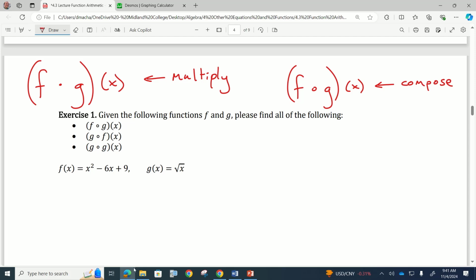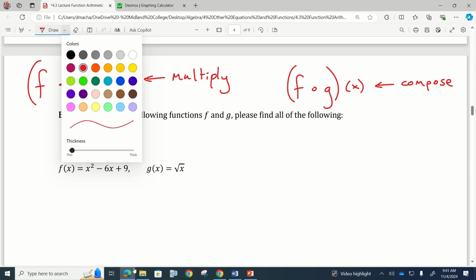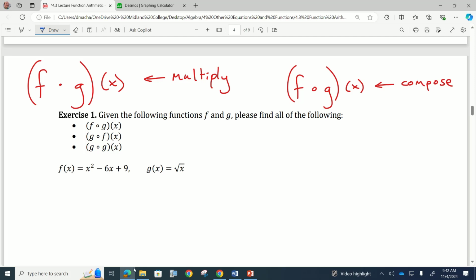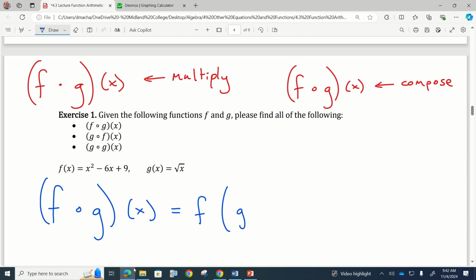I use little bullets for multiplying, but I use tiny little rings for composition. And that's a common mistake I see. People will see this and they'll try to multiply. But this is what function composition means. If I wanted f composed with g of x, this is saying do f of g of x, like that.